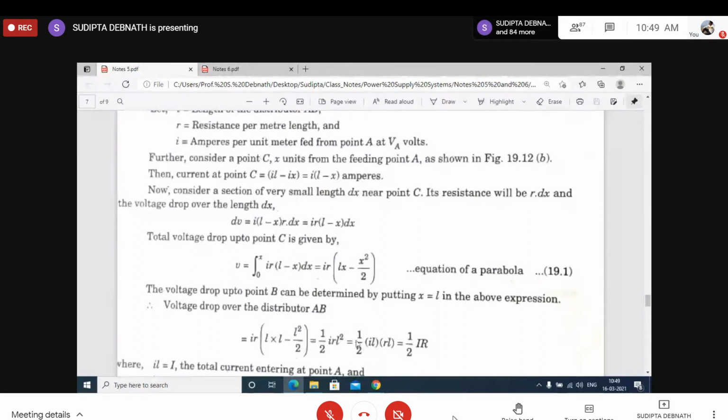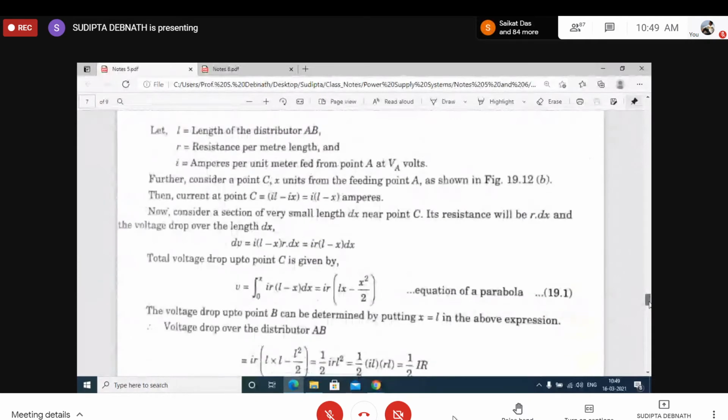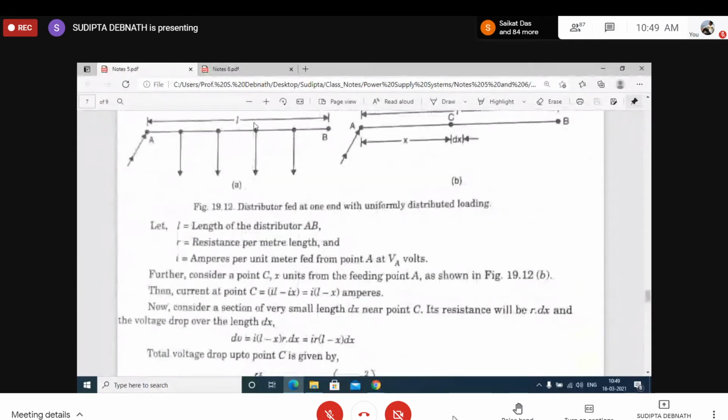If we multiply it by L, it gives the total loading, isn't it? If i is the current per unit length and L is the distance, the total loading of this line will be small i into L. And if r is the resistance per meter length, what will be the total resistance of the distributor?